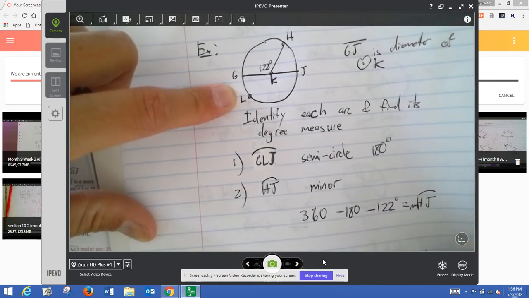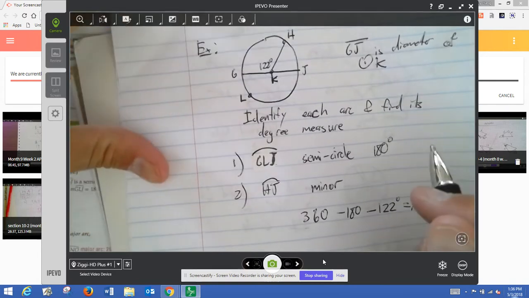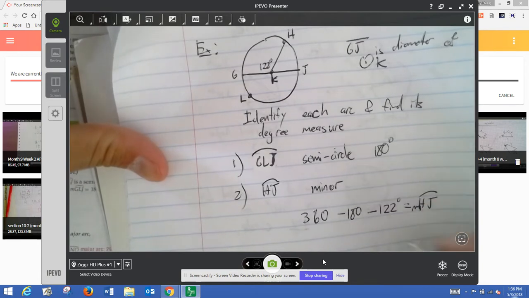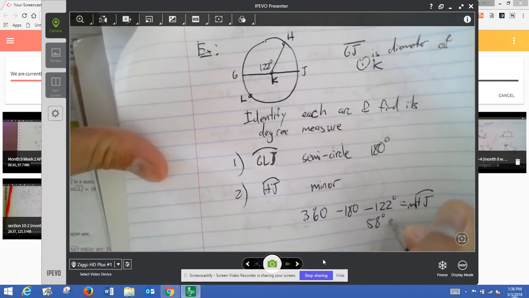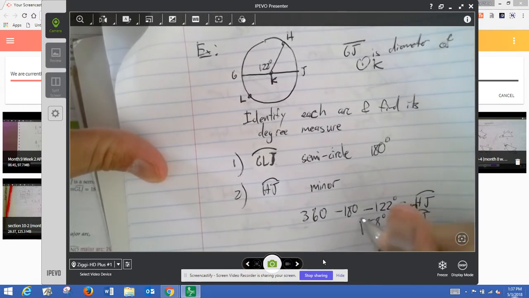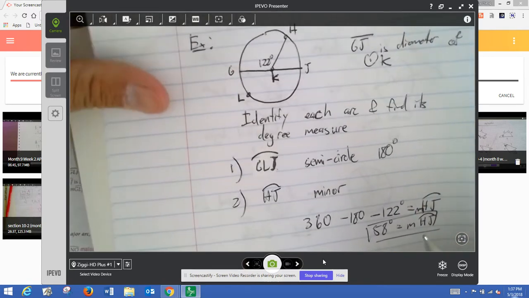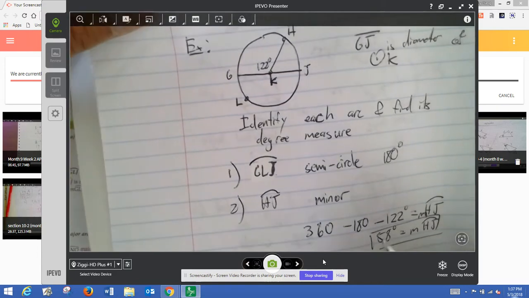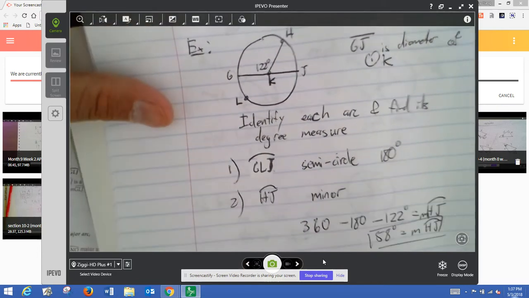So what is 360 minus 180 minus 122? You can plug that into your calculator for quick. That is 58 degrees. Is 58 less than 180? Yes, it is. So that is not a major arc. That is a minor arc. Question for you.